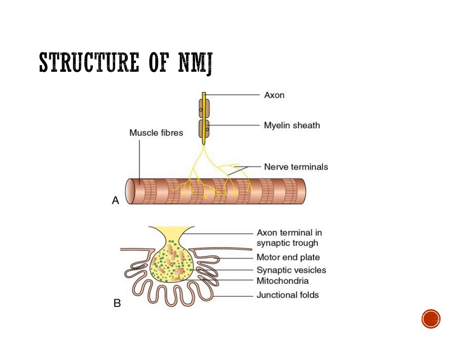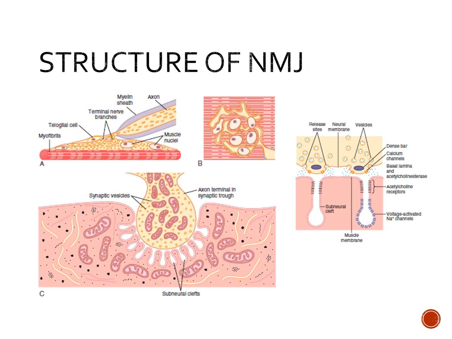So all these are the structures. We will see many more pictures. Here you can see the presynaptic membrane, which contains the synaptic vesicles. They are going to bind with the presynaptic membrane and release their contents into the synaptic cleft.